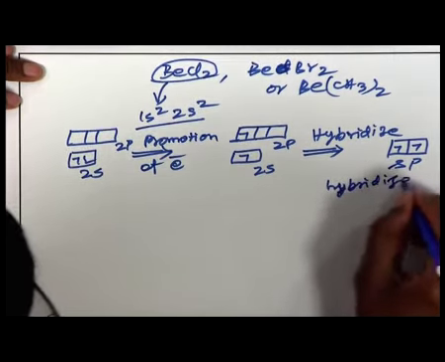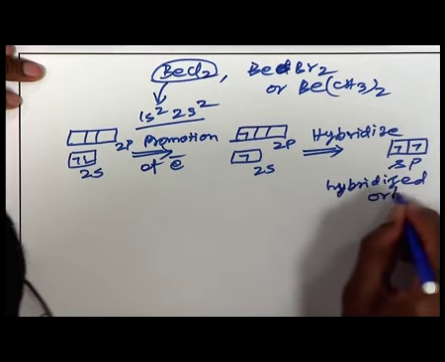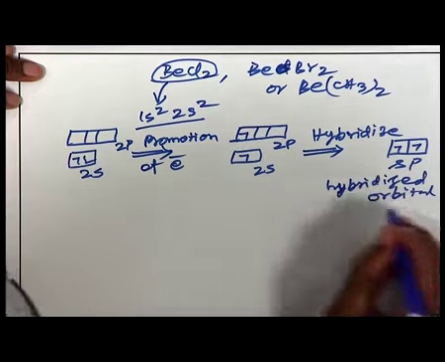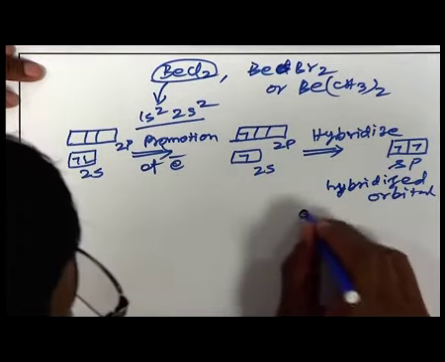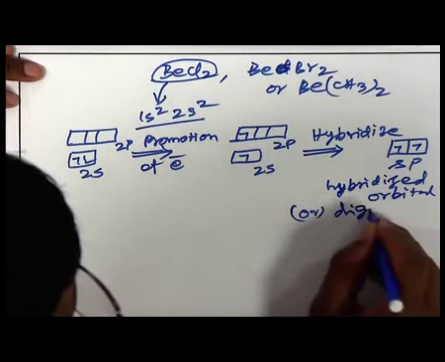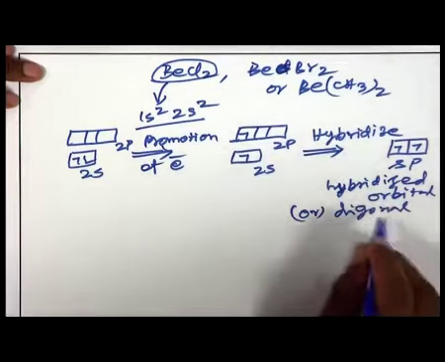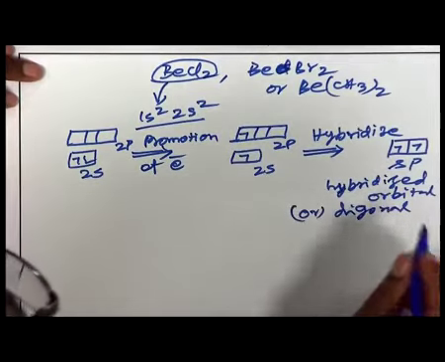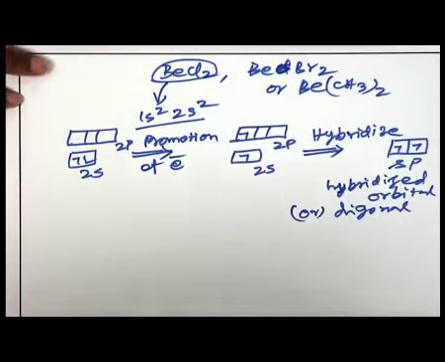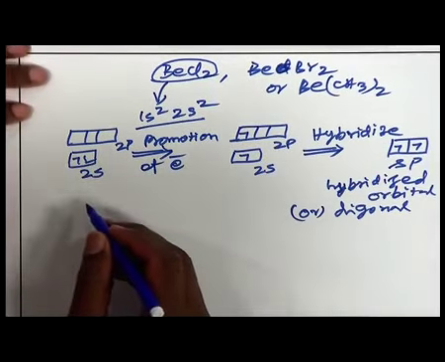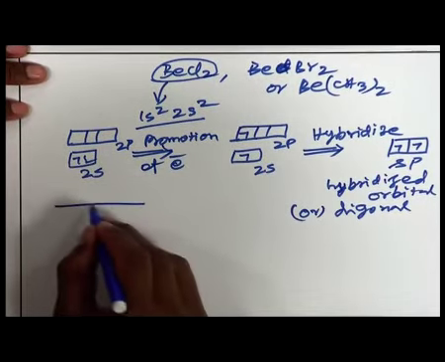These are sp hybridized orbitals, or diagonal hybridized orbitals. How do they look? We can draw it in this way. Here is the z axis.